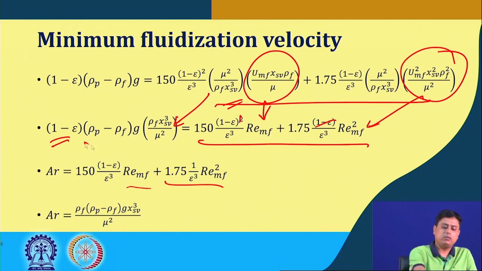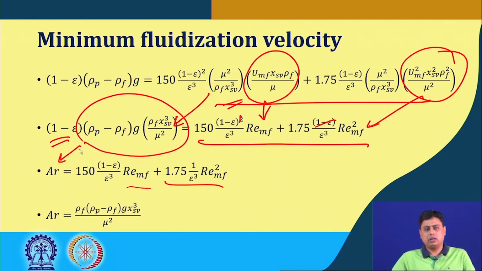And this parameter we have already seen earlier; it is another dimensionless number called the Archimedes number. If we clearly write it, it has this expression. So between the Archimedes number and the Reynolds number we have a relation that involves the minimum fluidization velocity.